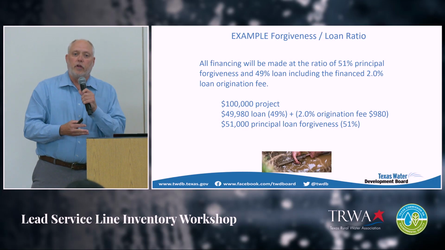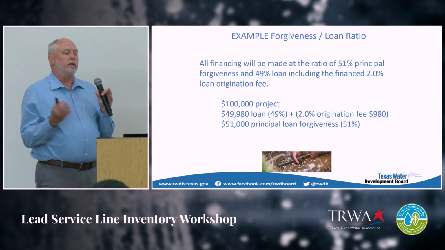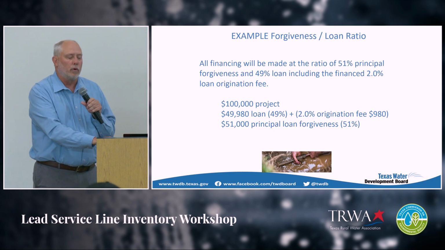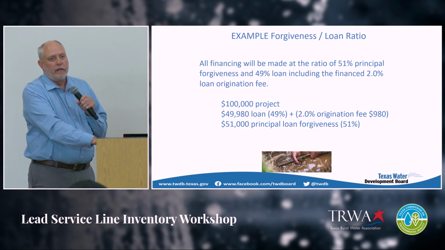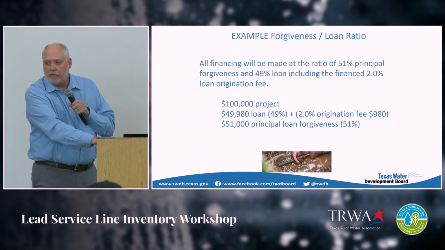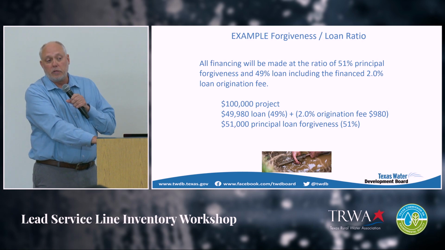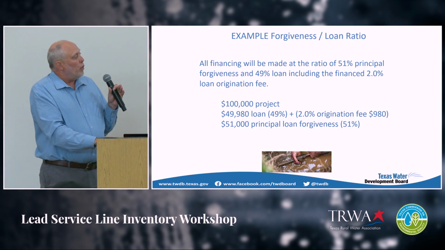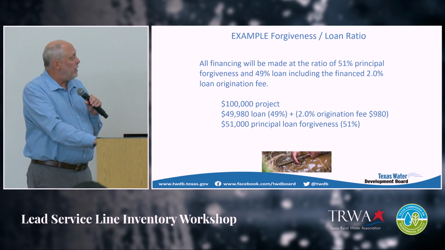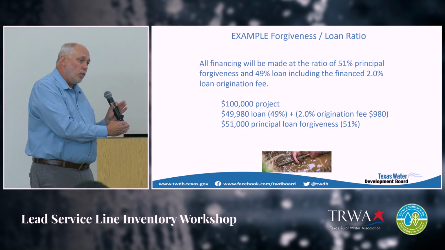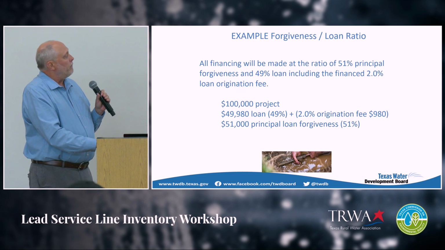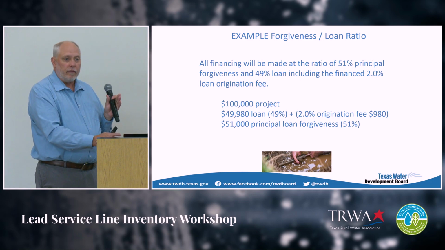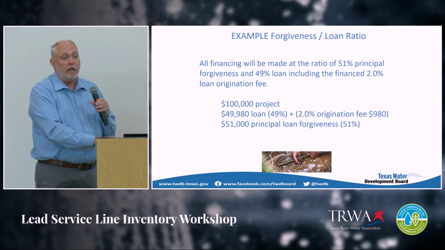So for instance, if you come in for $100,000, you think you're going to spend $100,000, these are just real simple numbers to work with as an example, that $100,000 could be inventory work and line replacement work combined. There's a 2% loan origination fee, but it's only on the loan portion. The 51% principal loan forgiveness in this example would be $51,000 grant funds.